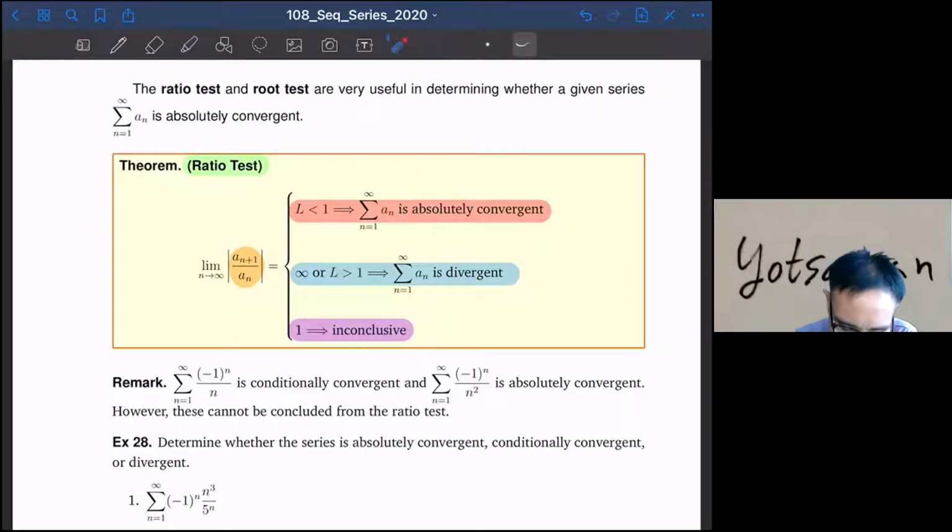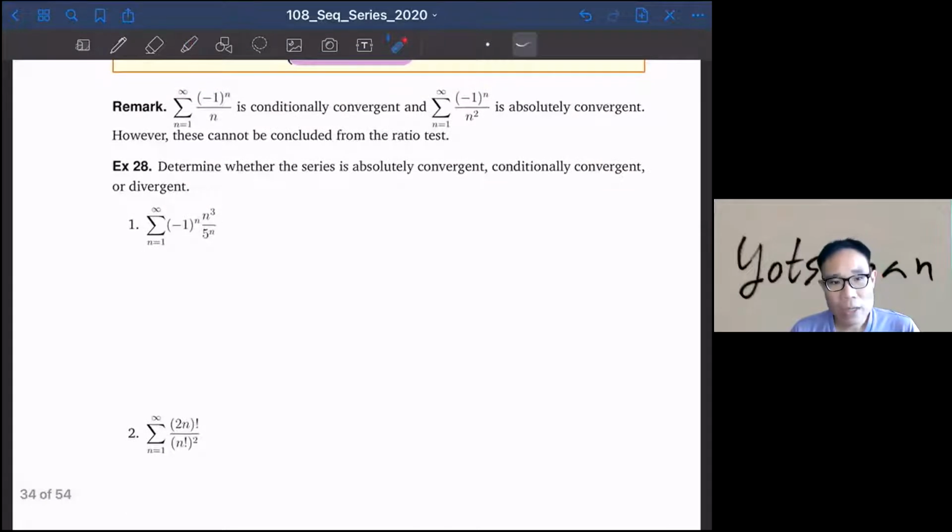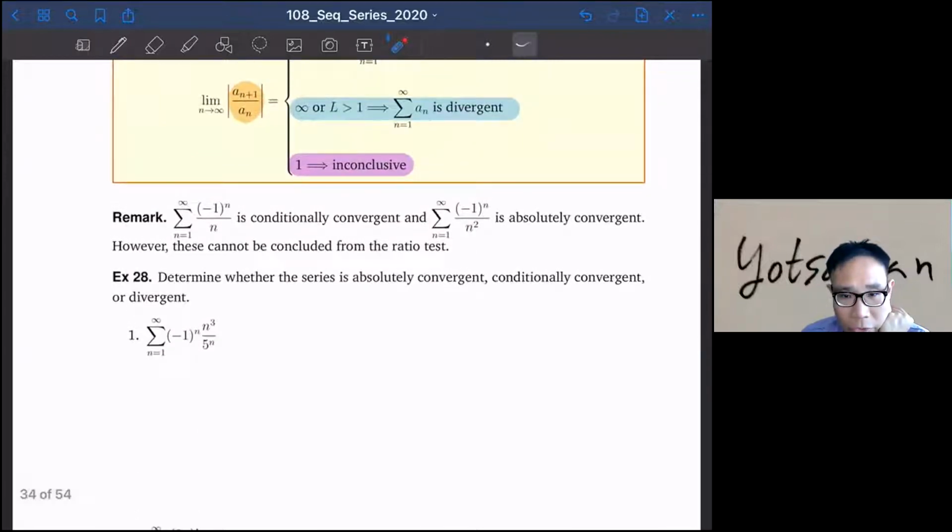The reason behind this is that when the limit equals 1, you are not able to distinguish the terms of the sequence, so you cannot conclude anything about the series. For example, the series negative 1 to the n over n turns out to be conditionally convergent, and if you compute the limit as n goes to infinity of the absolute value of a_{n+1} over a_n, it equals 1.